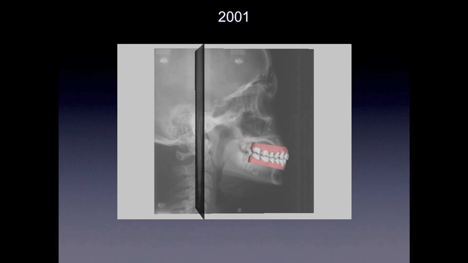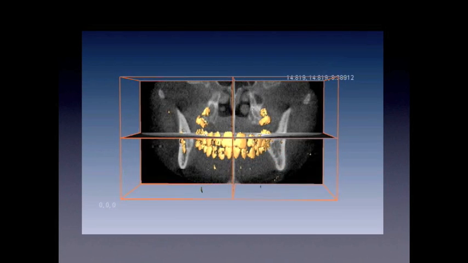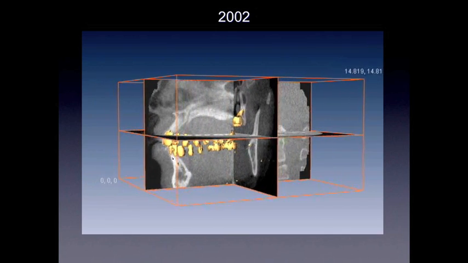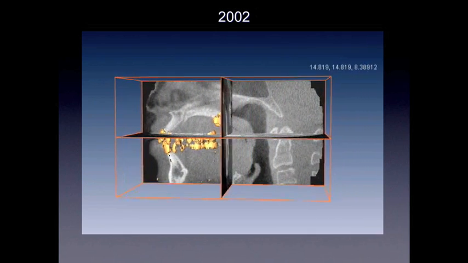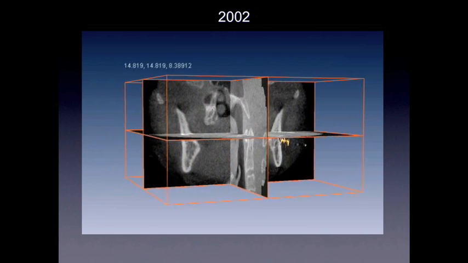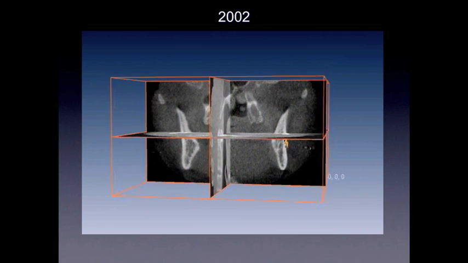In fact, if you go back to the beginning of CBCT, when it was introduced in the United States in 2001, we were already experimenting with building a virtual three-dimensional patient. As cone beam was introduced, we began to improve on our modeling, adapting two-dimensional views with three-dimensional imaging.